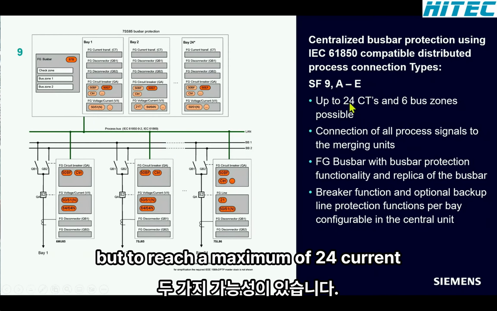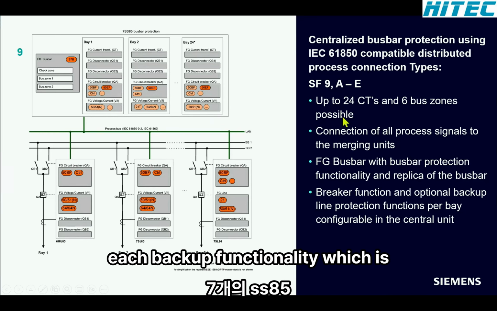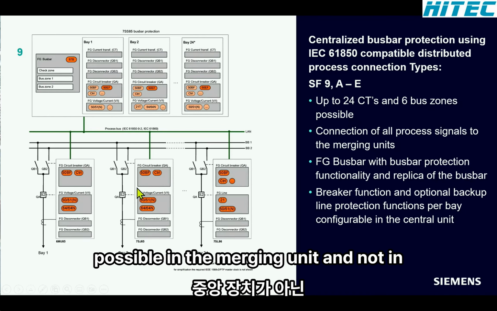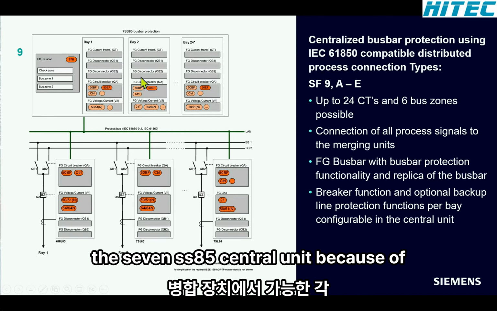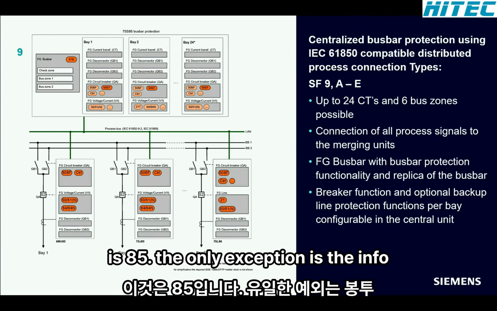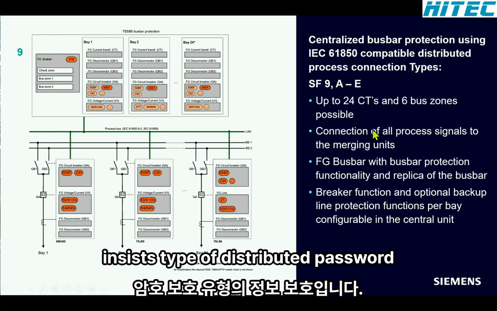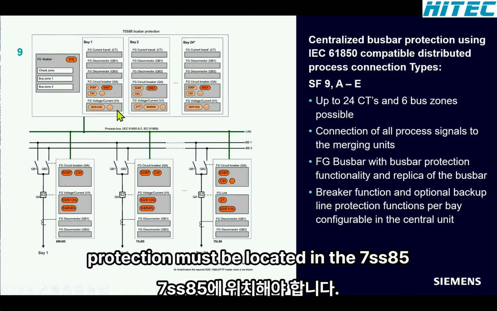But to reach a maximum of 24 current transformers, it's essential to create each backup functionality which is possible in the merging unit and not in the 7SS85 central unit, because of the memory consumption of the 7SS85. The only exception is the N-fold protection. The N-fold protection in this type of distributed busbar protection must be located in the 7SS85.